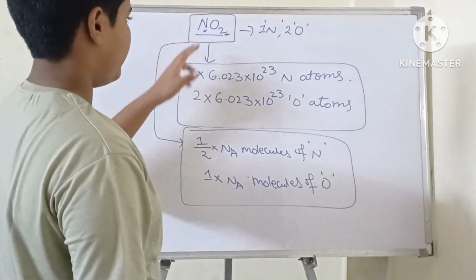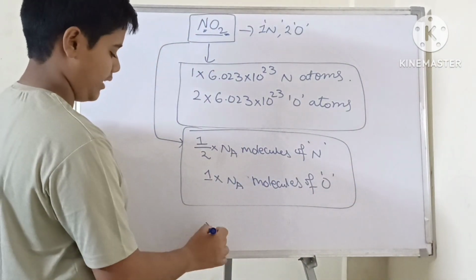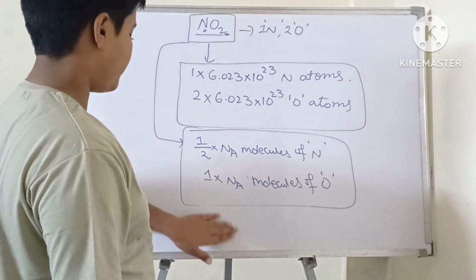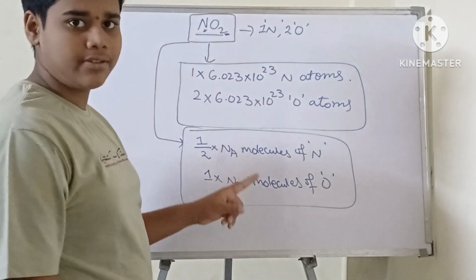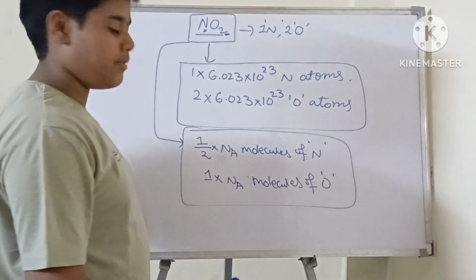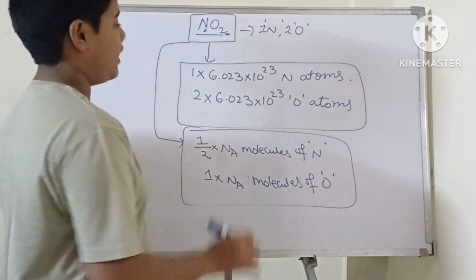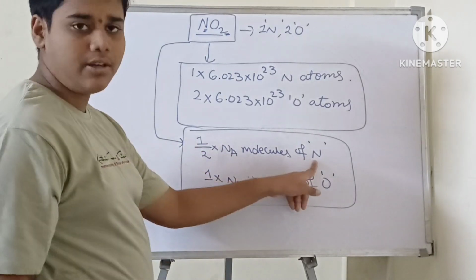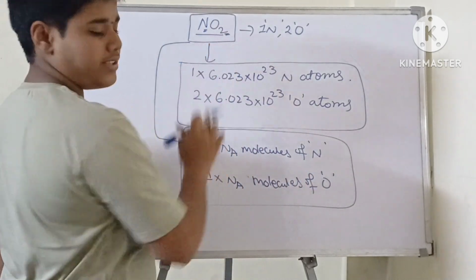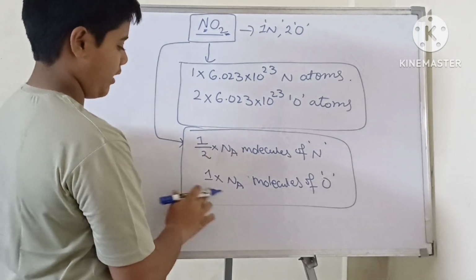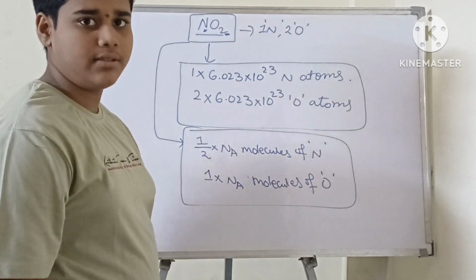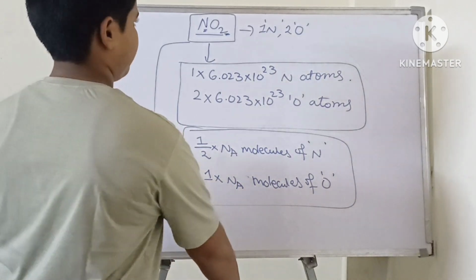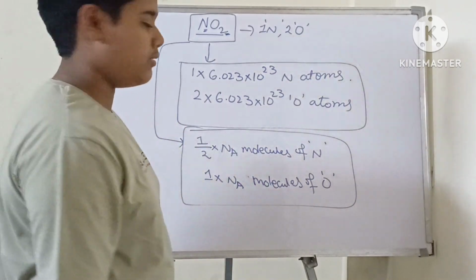Here the nitrogen molecule form is N2 and oxygen is O2. Here only 1 nitrogen is there, and 2 nitrogens make 1 molecule, so 1 nitrogen means half a molecule, half Na molecules. And O2 means 1 molecule, so 1 into Na molecules of oxygen. So like this we can write with the Avogadro number.